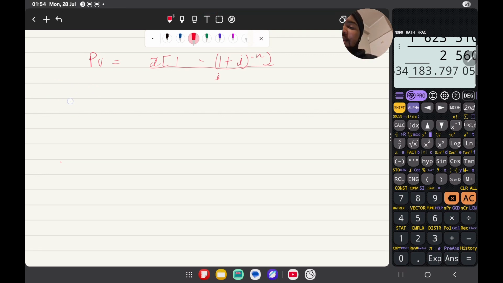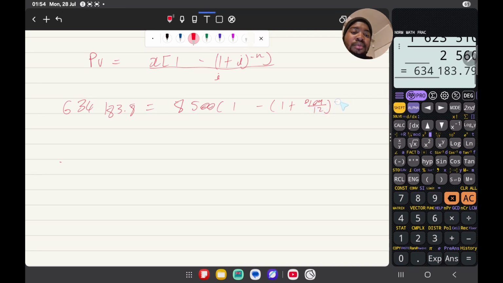So PV is 634,183.78, the money that she owes right now. How much is she paying right now? 8,500. The interest is 0.09 over 12, and the power is minus n.